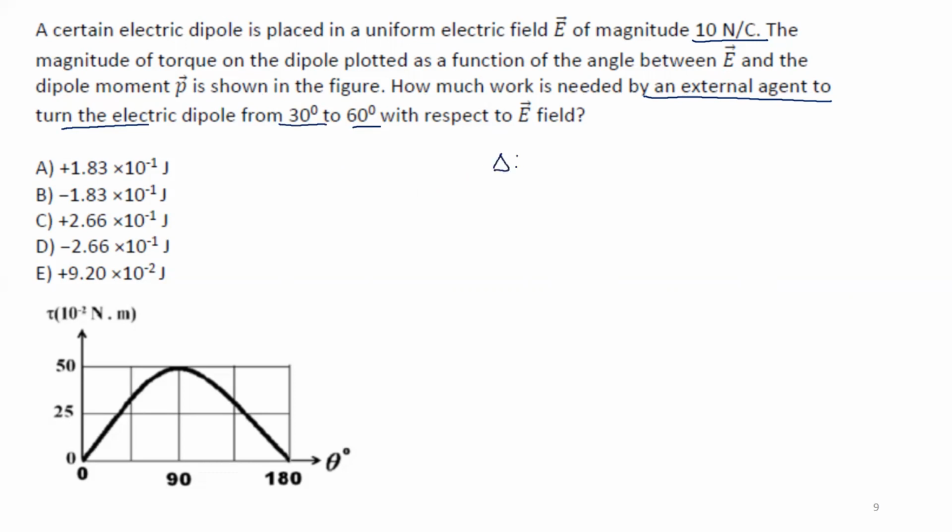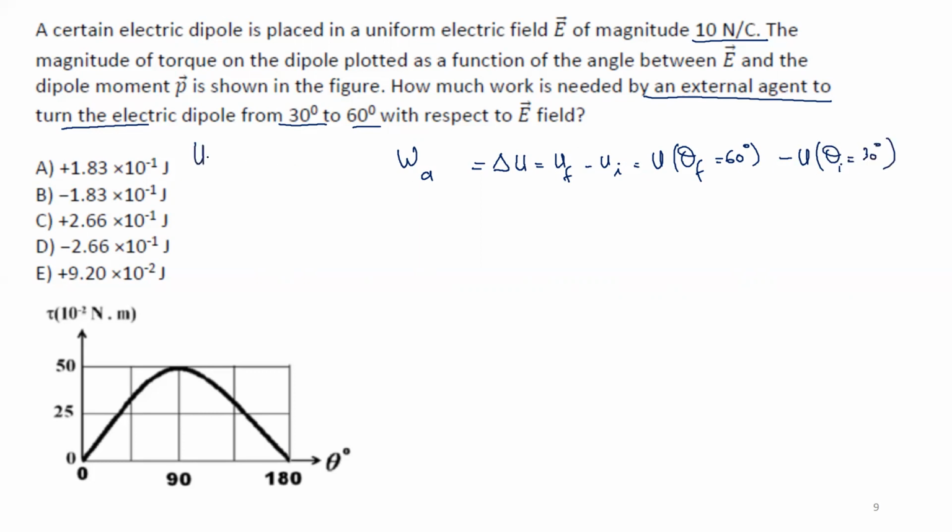So the question is, what is delta U? Because I know that work applied is plus delta U. Work done by the electric field is minus delta U. But here I'm looking for work done by an external agent, so it's plus delta U. So it gives me U final minus U initial. Basically, U final is U when theta final is equal to 60 degrees, and U initial is U when theta is equal to 30 degrees.